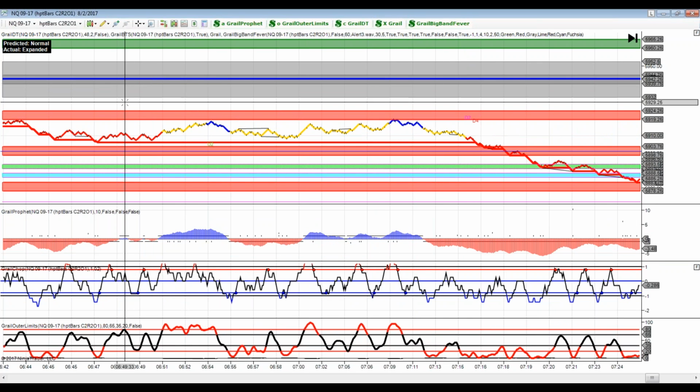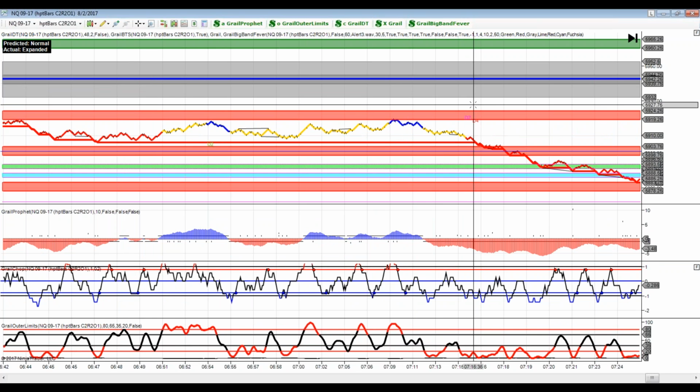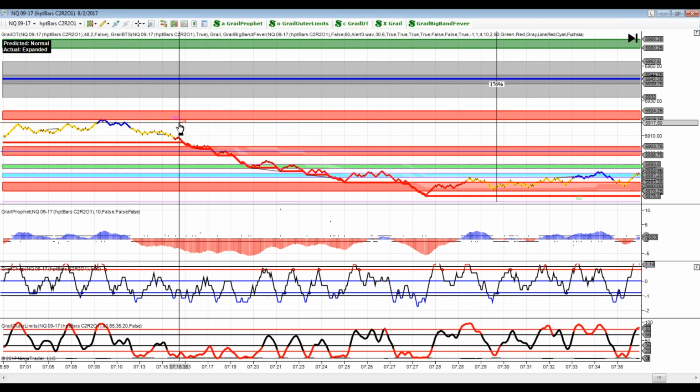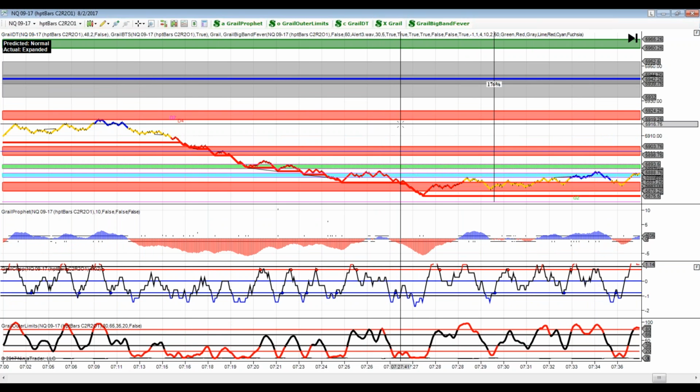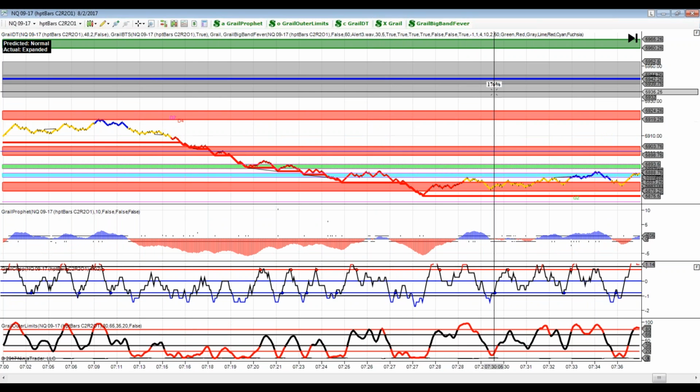See how we moved to expanded? It was based on all of the prior research. So at this time, 7:30 Pacific, we were 176% of what is normal. So a big expanded day.